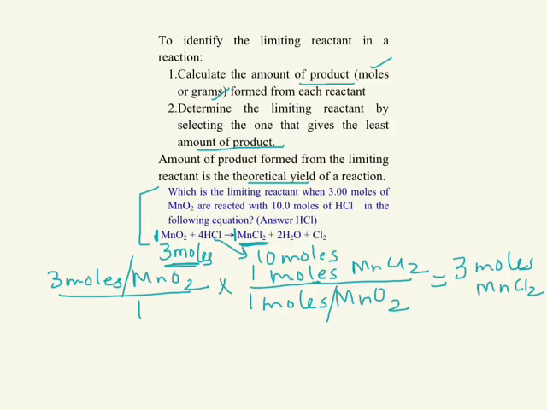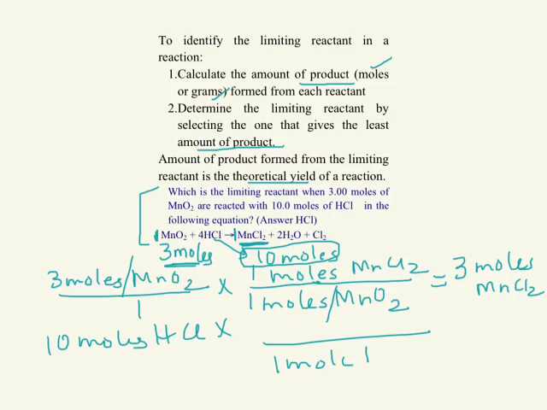Now similarly, starting with 10 moles of HCl, we're going to see how much manganese chloride I can make. So 10 moles of HCl here and moles of manganese chloride here.